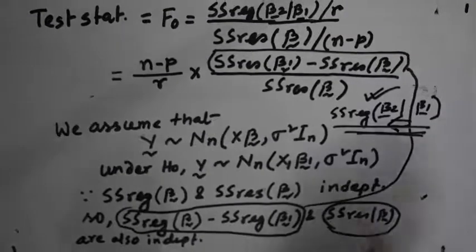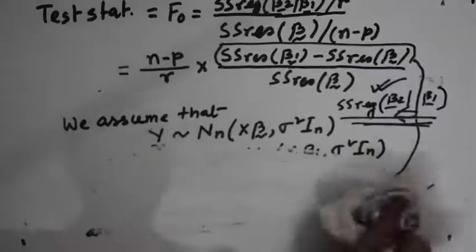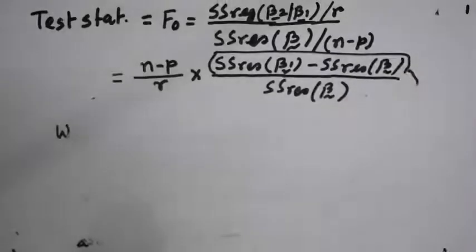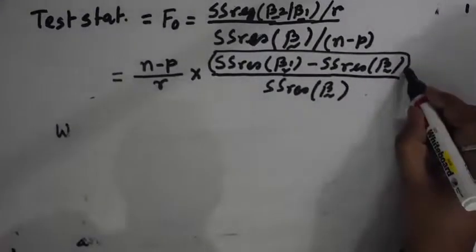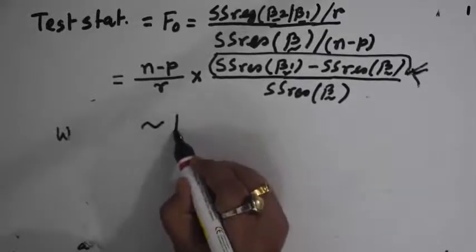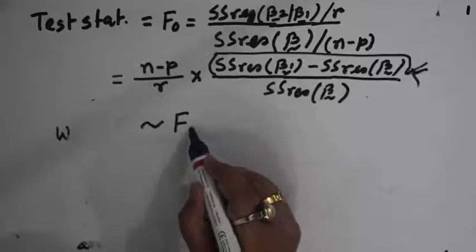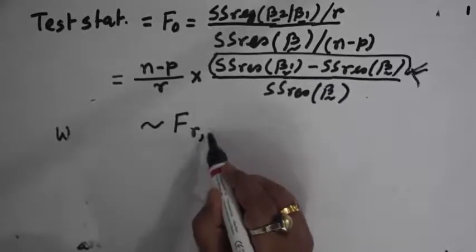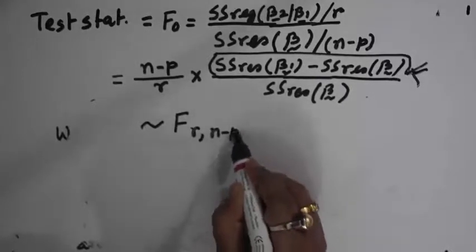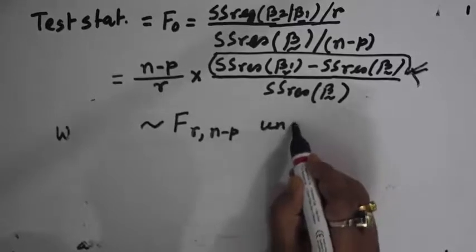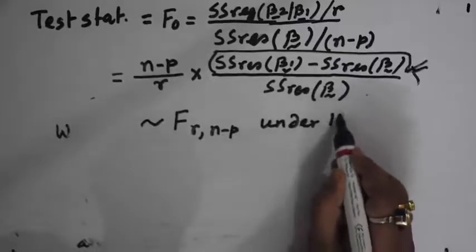Hence, under this condition, this follows an F distribution with r, n minus p degrees of freedom under H naught.